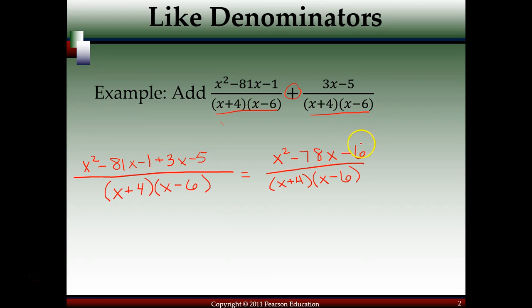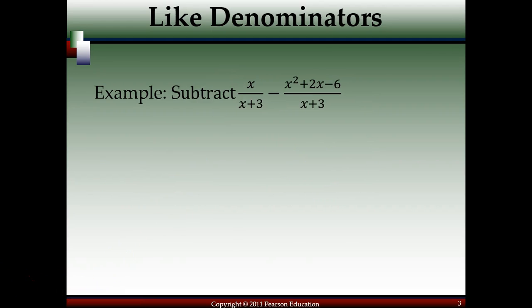A way that we could simplify this expression is by factoring what's in the numerator and then canceling any common factors between the numerator and denominator, as we did in the previous section. But since this numerator is not factorable, then we don't have to worry about that. We are done right here.